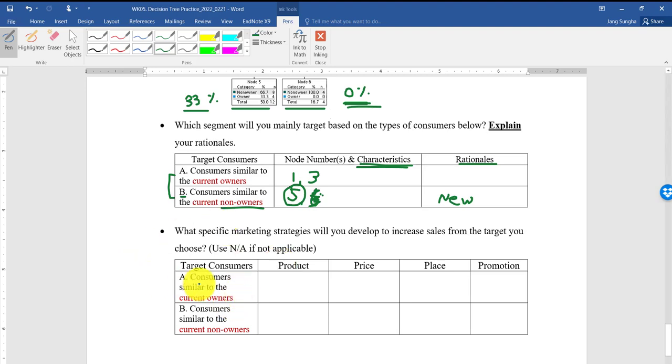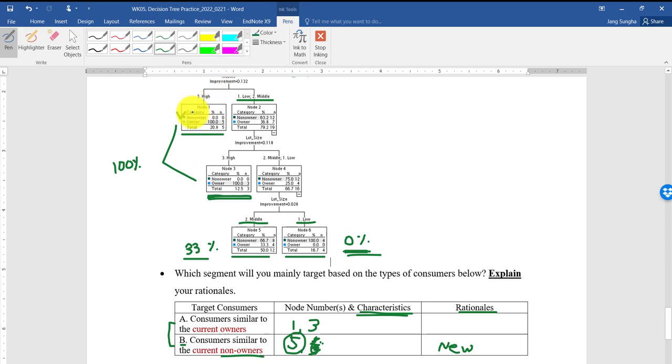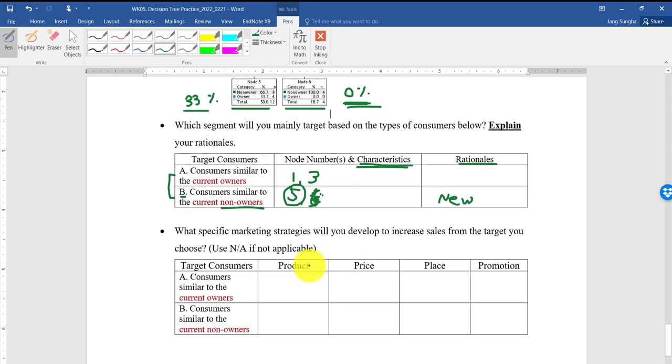Let's assume that I target potential consumers who are similar to the current owners, again, income level is high or lot size is high. That means I target the existing market. Therefore, regarding the product, maybe I can develop a product with some modifications or an improved function.